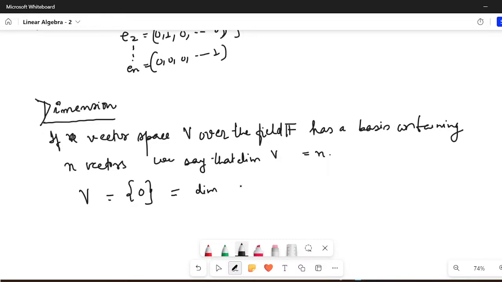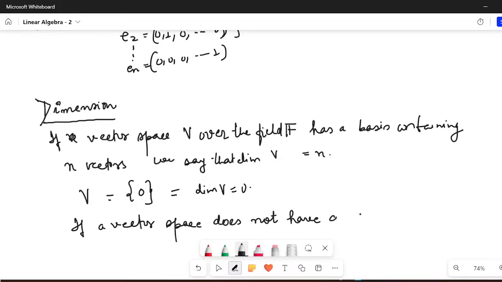Further, if a vector space does not have a finite basis, then we say that it is infinite dimensional.